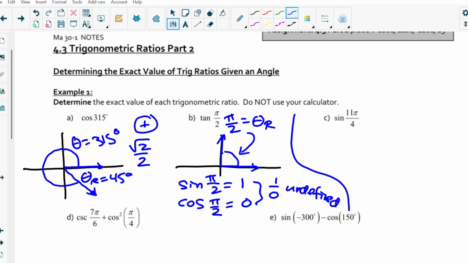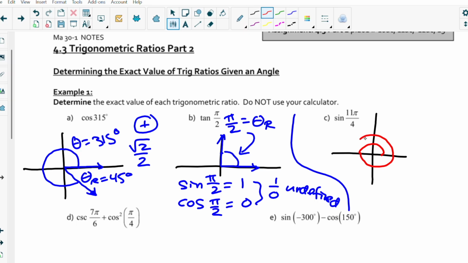Next one, sine of 11 pi over 4. So I make my axes here. If I think 12 pi over 4, that's 3 half rotations. But 11 pi over 4 is pi over 4 short of 3 half rotations. So I go pi rotations, or 4 pi over 4, 8 pi over 4, and then I'm going to go to 11 pi over 4.